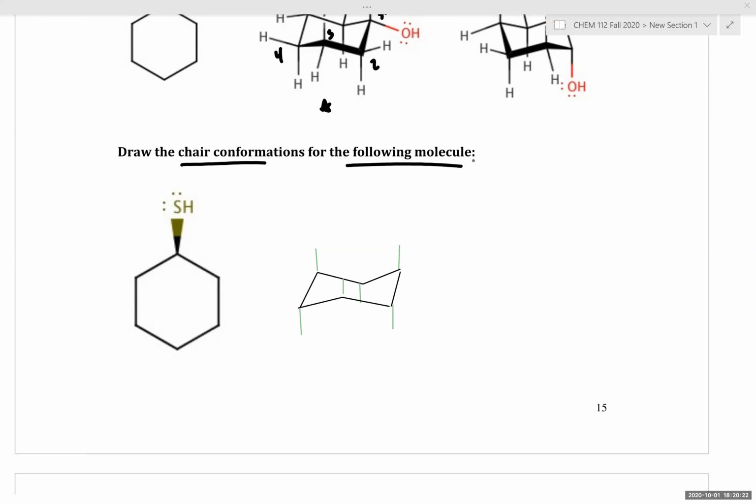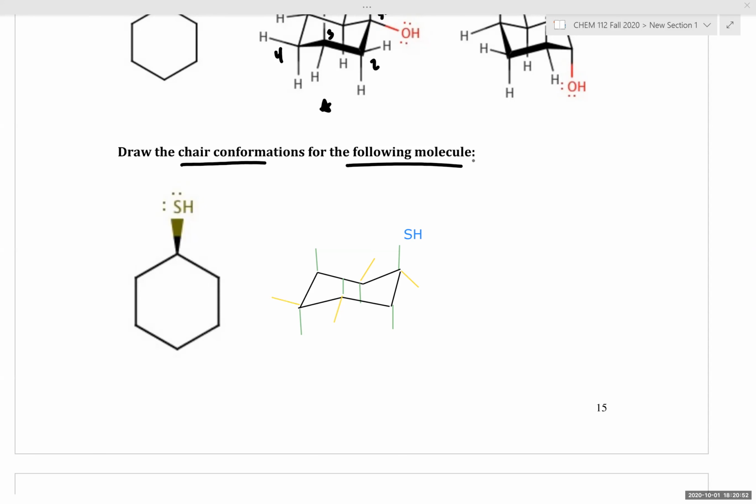So what does the wedge tell us? Yep, the wedge tells us that our substituent is pointing up, and at carbon 1 it would be axial. Exactly right, very good.